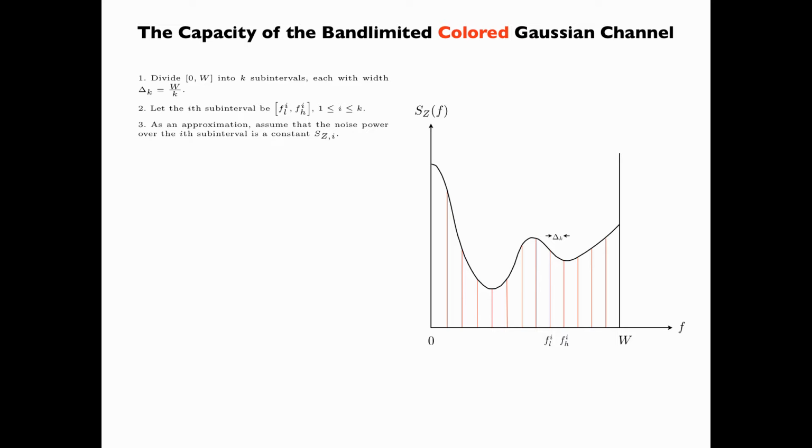As an approximation, assume that the noise power over the ith subinterval is a constant S_Zi. Then the channel consists of k subchannels, with the ith subchannel being a bandpass white Gaussian channel occupying the frequency band [FLi, FHi].